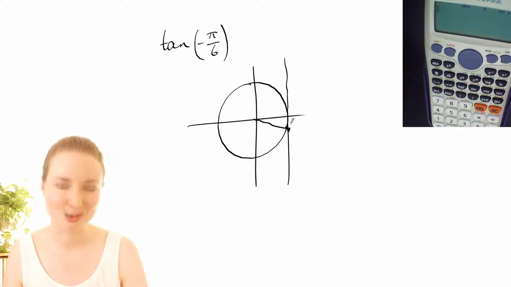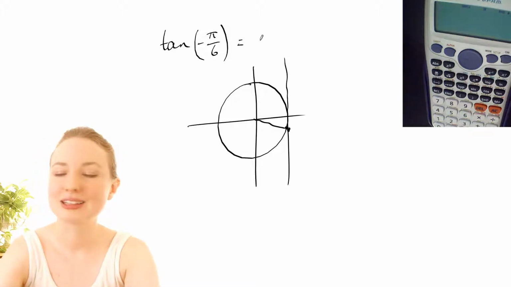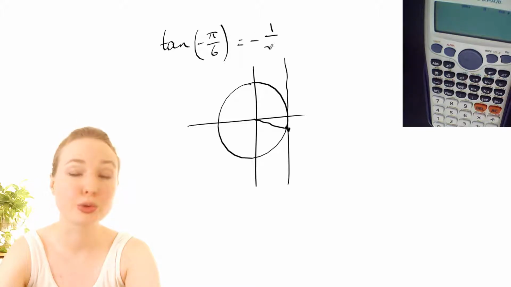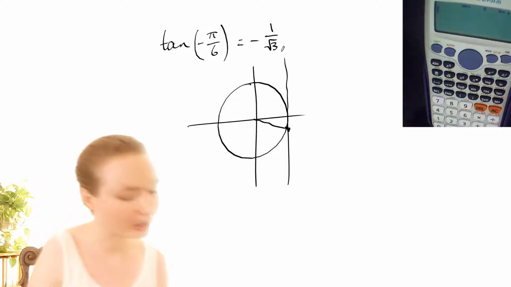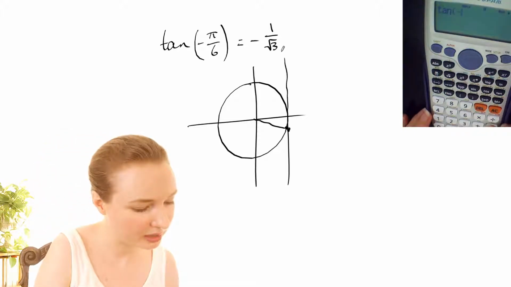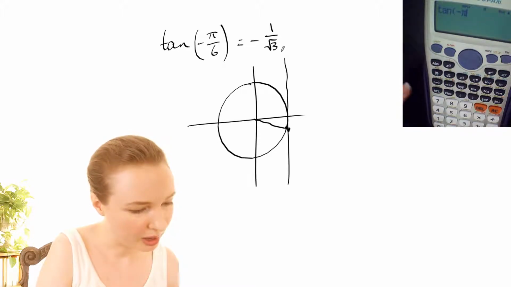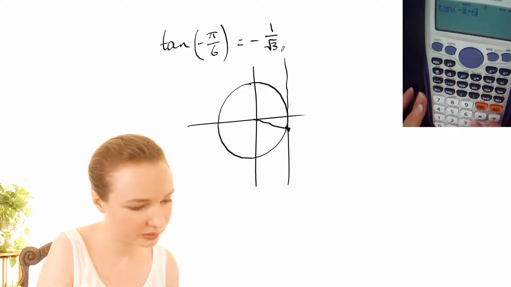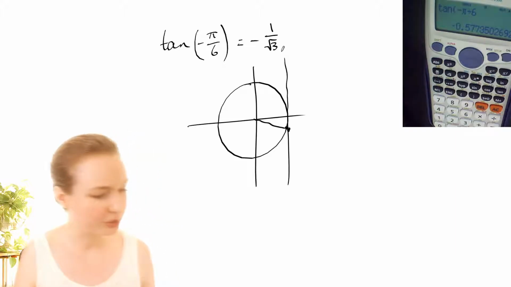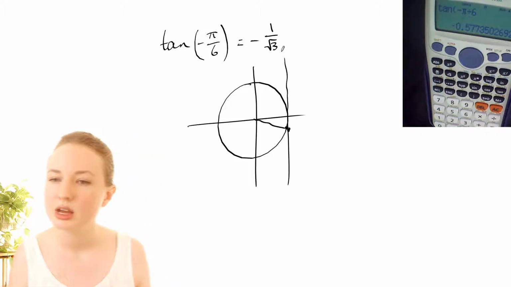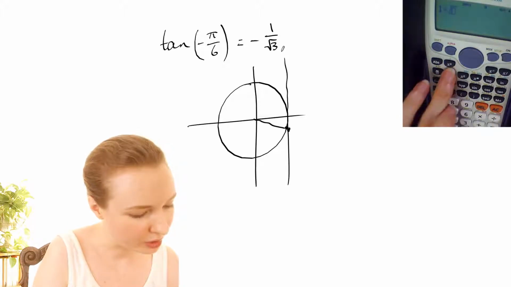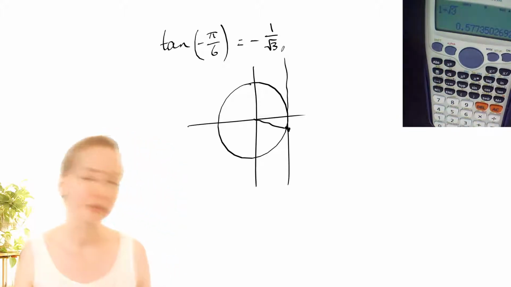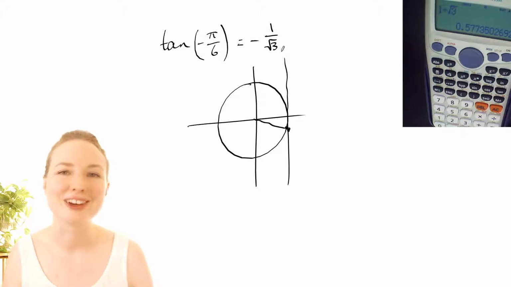Its magnitude is less than 1, so I would guess that that's negative 1 over root 3, the smallest of the possible values for tan. So if I want to check that on my calculator, I type in tan negative pi over 6, and that is negative 0.577. So is that the same as 1 on root 3? Let's find out. 1 over root 3 is 0.577. So yeah, that one is correct.